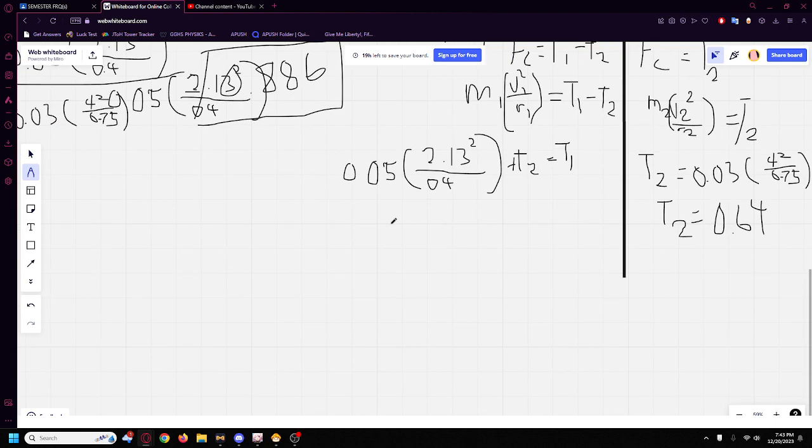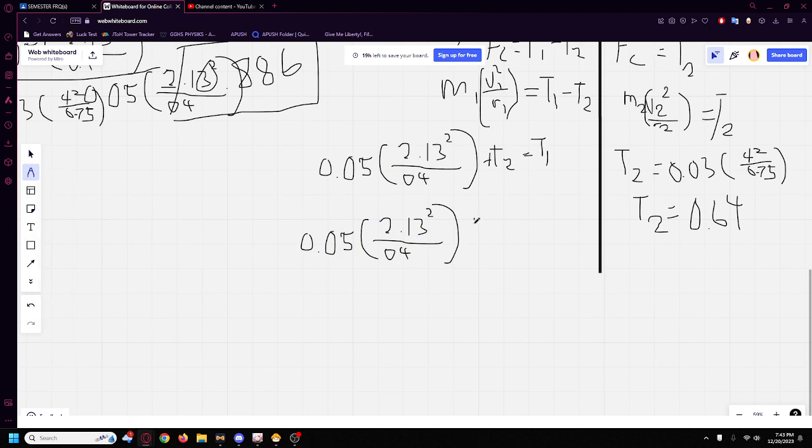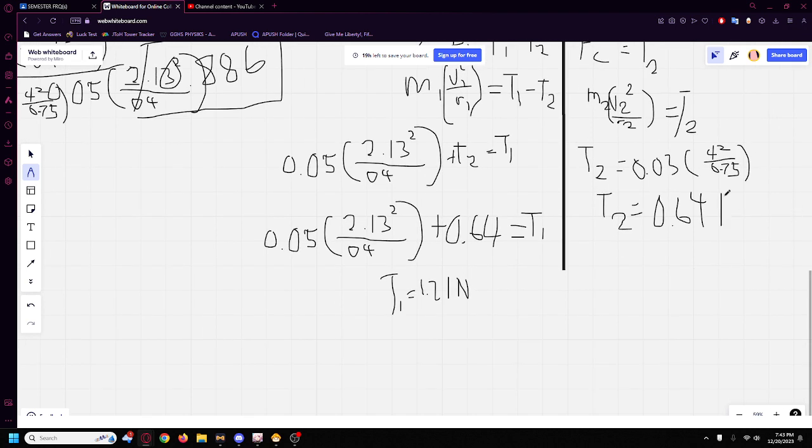We know that T2 is 0.64, and if you plug in all these numbers in your calculator, you should get T1 is equal to about 1.21 newtons, and T2 is 0.64 newtons.